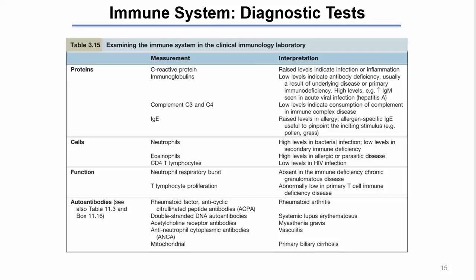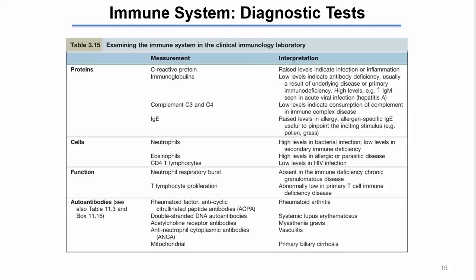We can look at the amount of complement. So low levels means that you have some sort of a disease and you're using up the complement. So if we look at how much free complement there is and it's down, that means you're using it. So you must have some sort of a disease. We look at the amount of IgE specifically to tell whether there's allergies.